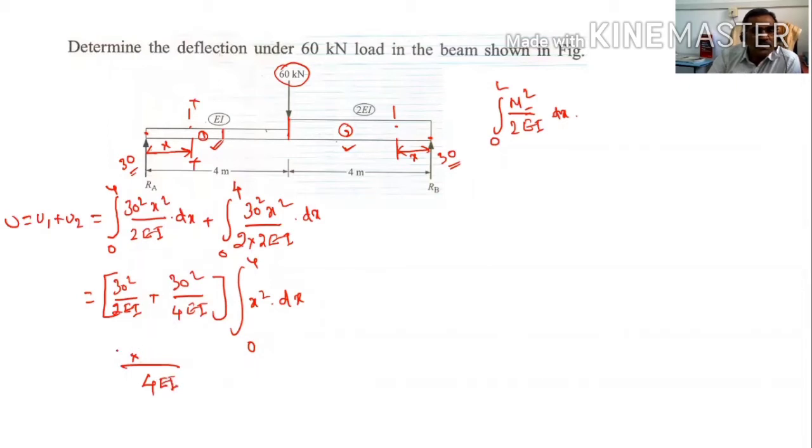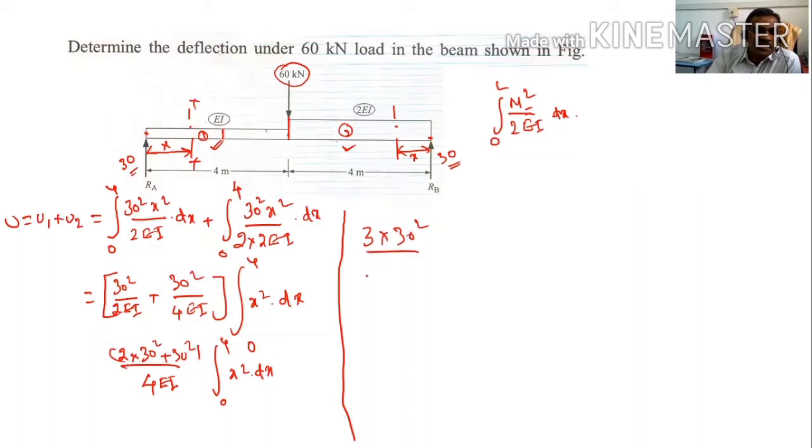So it is 2 into 30 square plus 30 square, right? Integral 0 to 4 x square into dx. Here it is 2 plus 1, 3. Okay. So 3 into 30 square divided by 4 EI.